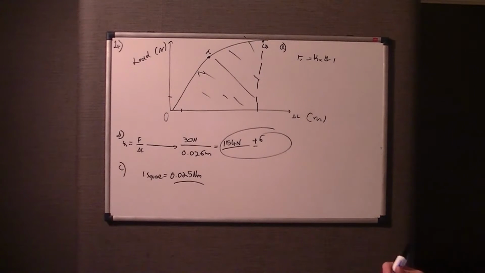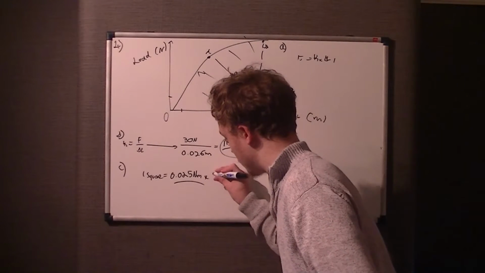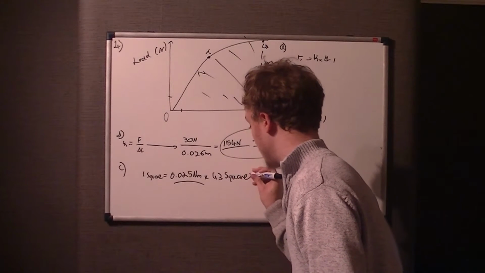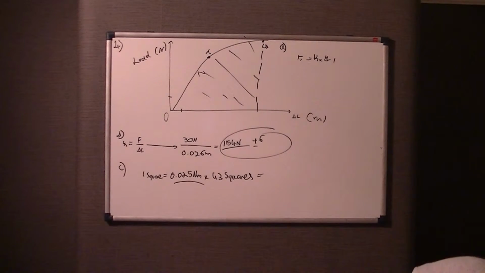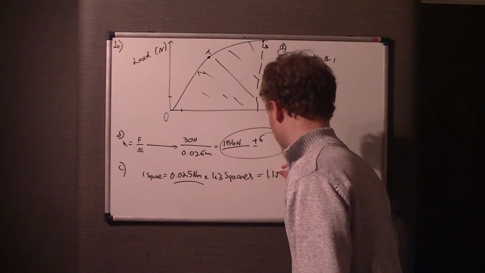If you total it up, that's 43 squares. So you times 0.025 by 43 squares, and you should get 1.1 joules. Remember, this is energy, because it's work done, so it's measured in joules.